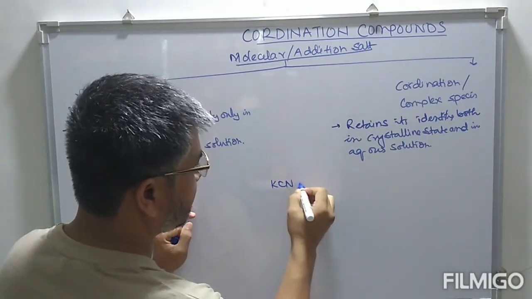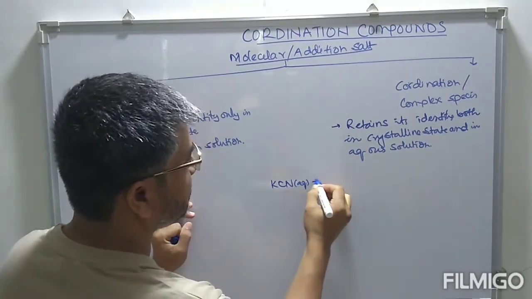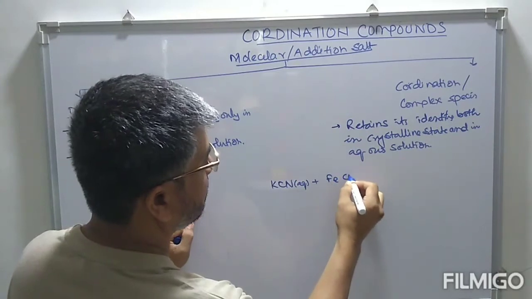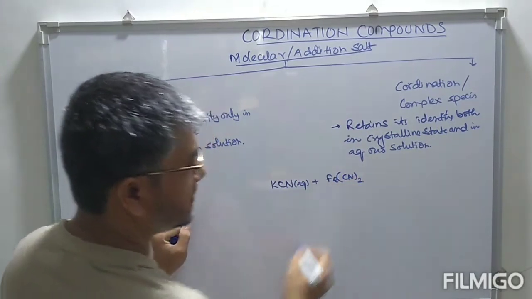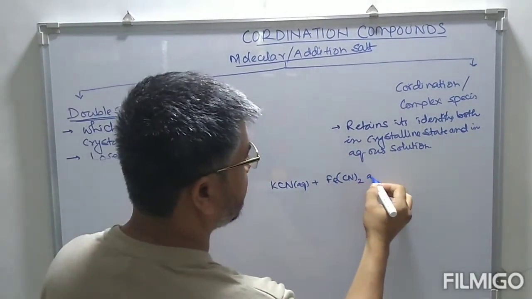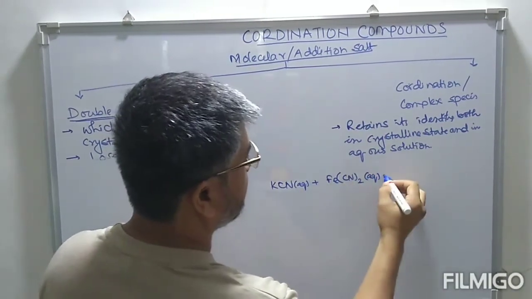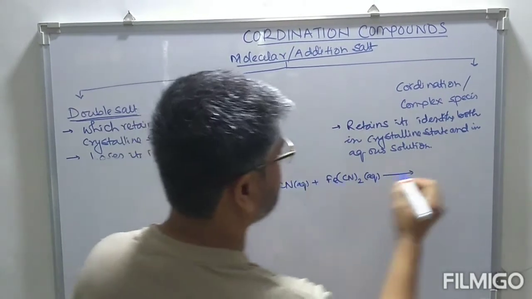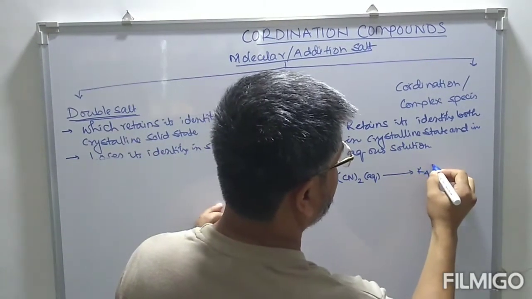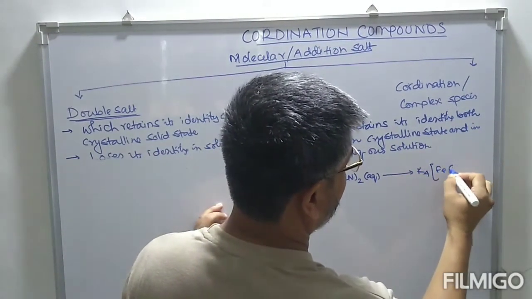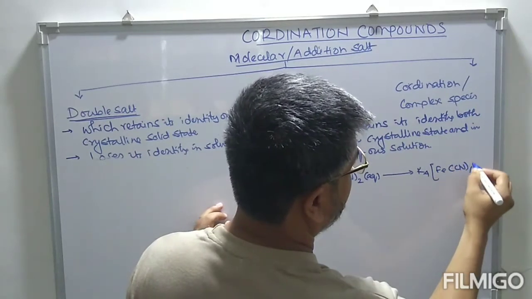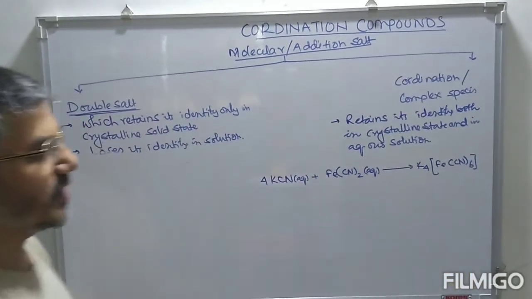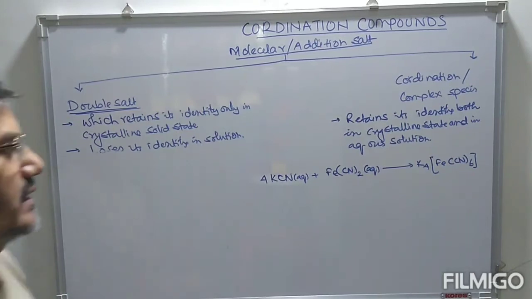Suppose we have KCN aqueous solution with Fe(CN)2, aqueous ferrous cyanide. Now this is allowed to evaporate, when we get K4[Fe(CN)6].